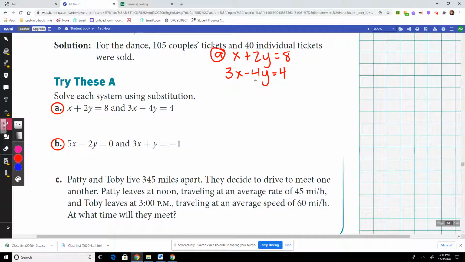Now, these are both in standard form, and I would like for you to use Desmos for these as well. We're going to use Desmos for A and B also, just to make our life easier, because why make our life harder than it should be when we have Desmos?